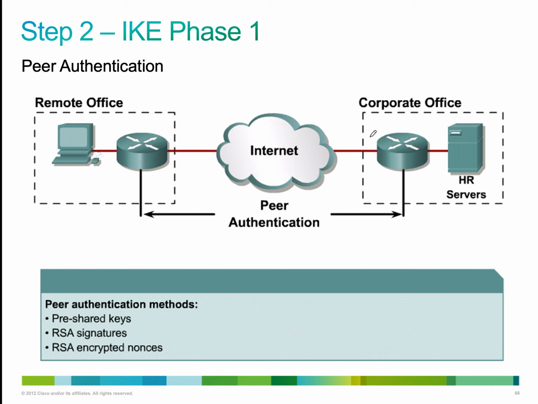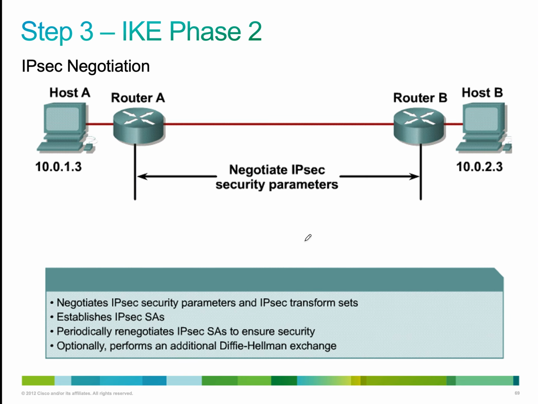Peer authentication. This is the remote office, this is the corporate office. So a tunnel is going to be passing through this Ethernet. Okay, peer authentication methods. What you need for authentication is pre-shared keys, RSA signatures, and RSA encrypted nonces. Okay, phase two, what you need is the IPsec negotiations.